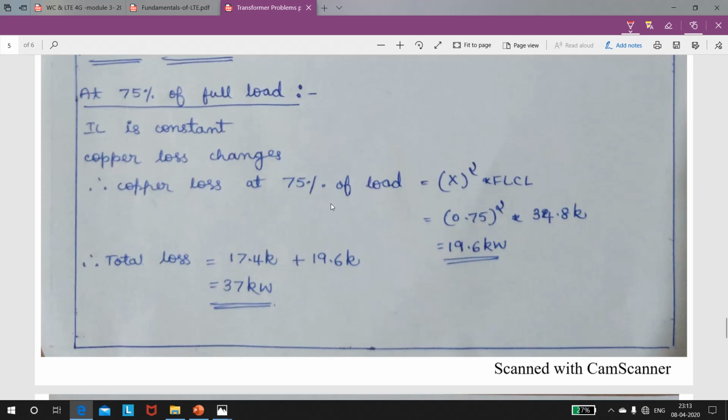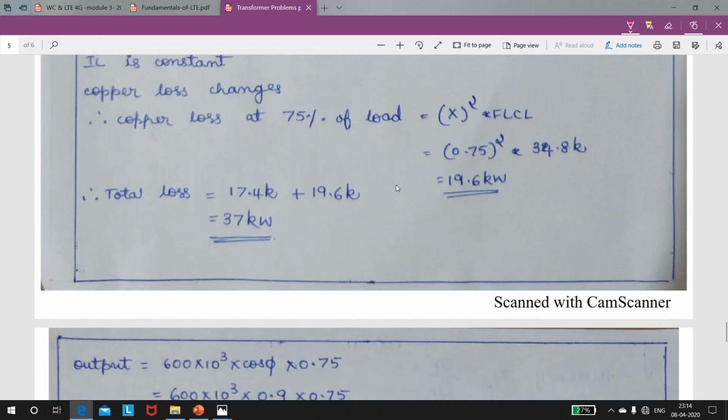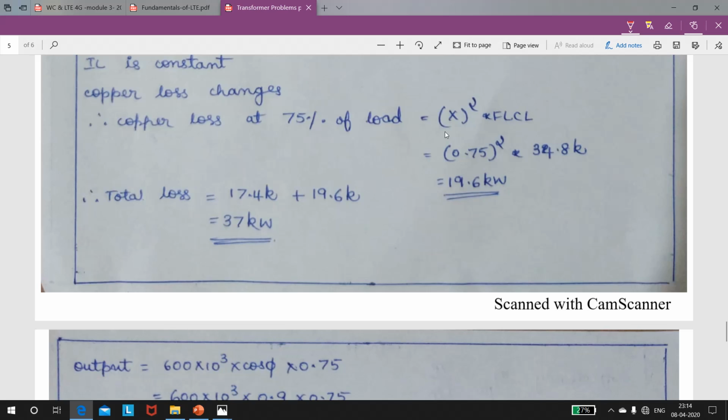So for the 75% load, you have to calculate now what is your copper loss. Using this equation, what is X now? X is nothing but the type of the load, that is, 75% of the load. So I have to substitute 0.75 into the full load copper loss. That will give you the copper loss at 75% of the load.